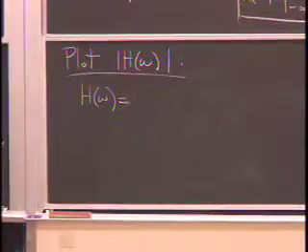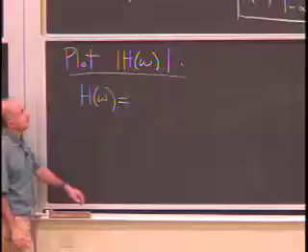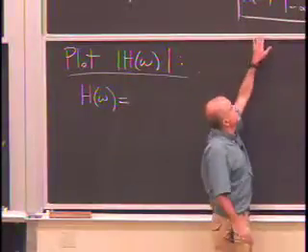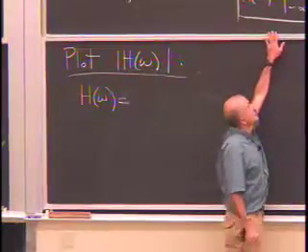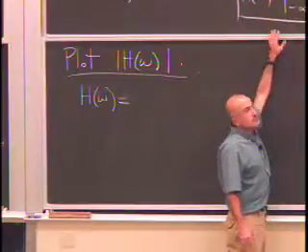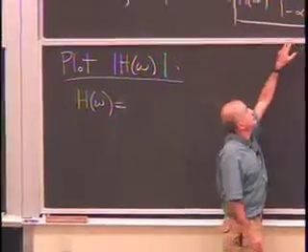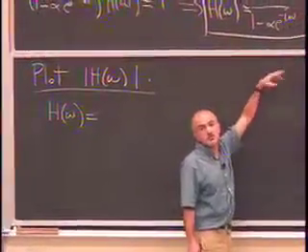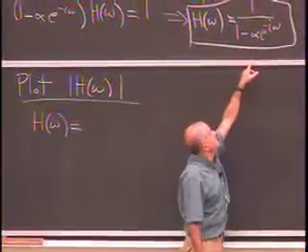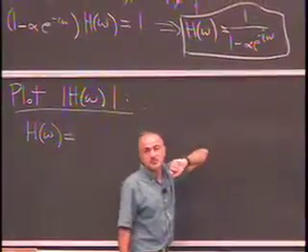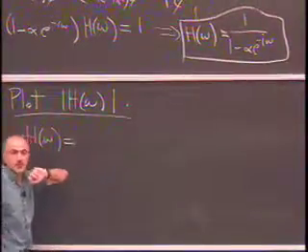A good procedure for this is to convert h of omega to a ratio of polynomials in e to the I omega where the power of each of the e to the I omegas is non-negative. So right now I have an e to the minus I omega sitting in the denominator. I want to get rid of that. So what do I do?